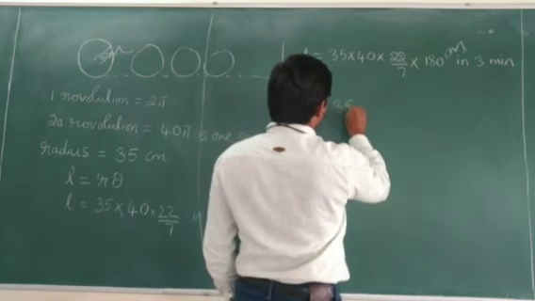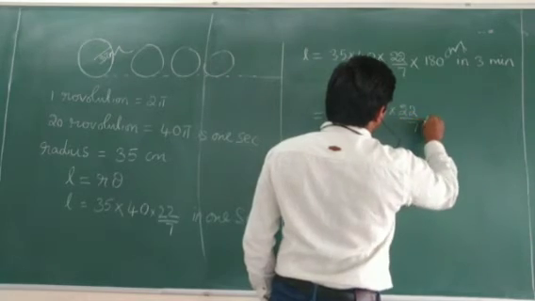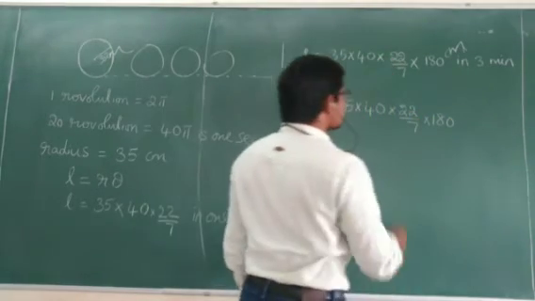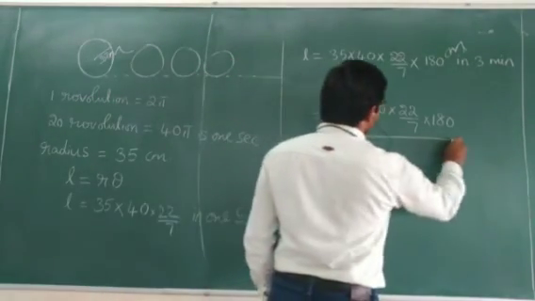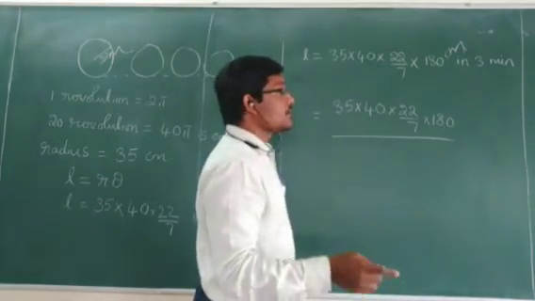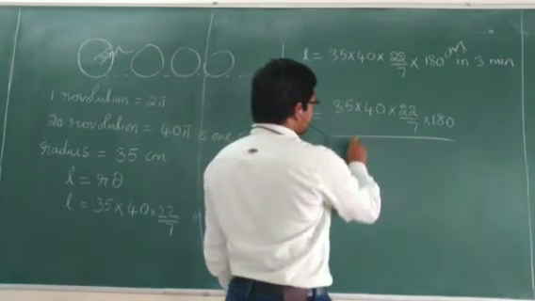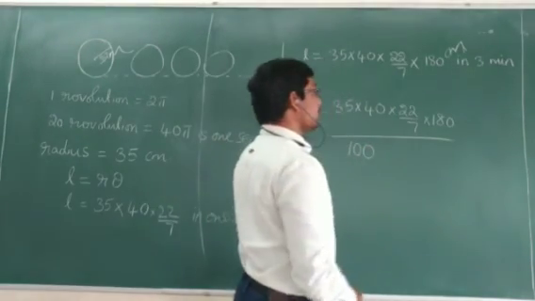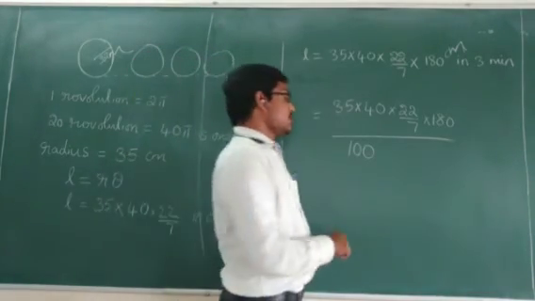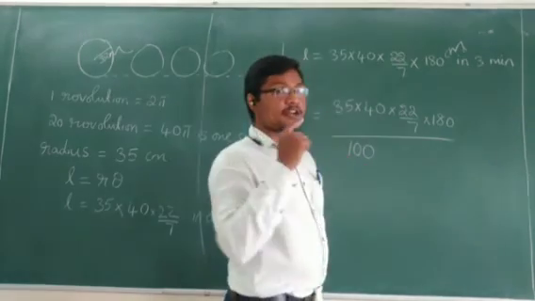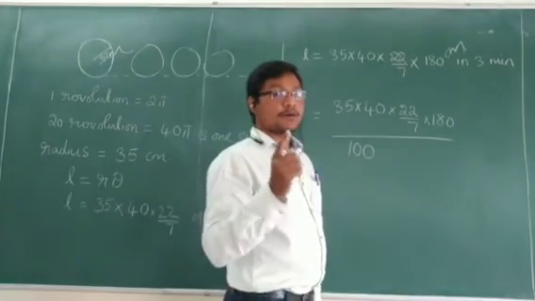So that is 35 into 40 into 22 by 7 into 180 in centimeters. To get meters, I divide by 100. Again I convert meters into kilometers; 1 kilometer is equal to 1000 meters.